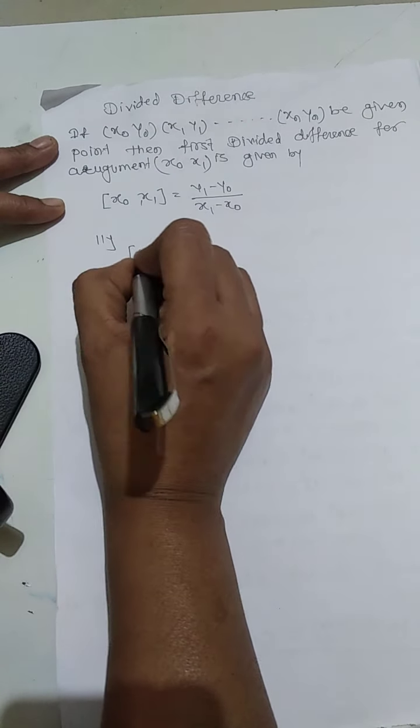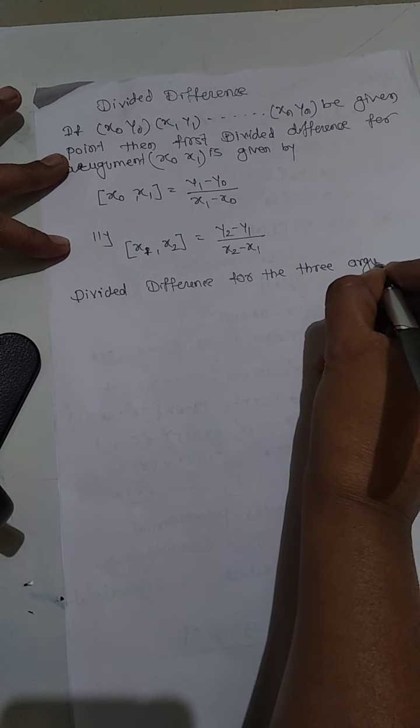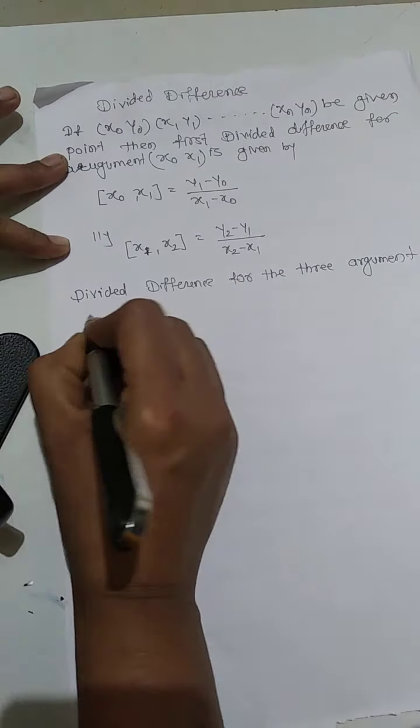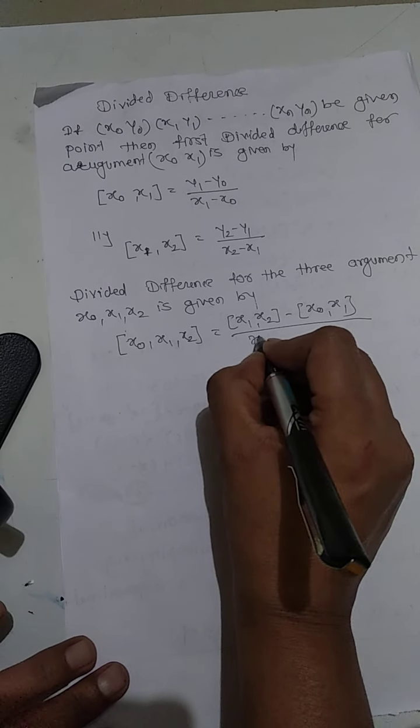The divided difference for three arguments x0, x1, x2 is given by [x0, x1, x2] equal to ([x1, x2] minus [x0, x1]) upon (x2 minus x0).